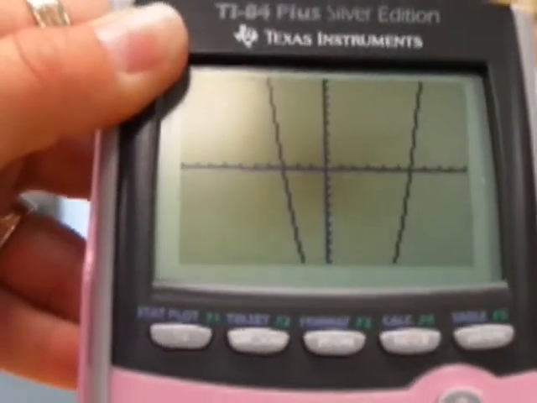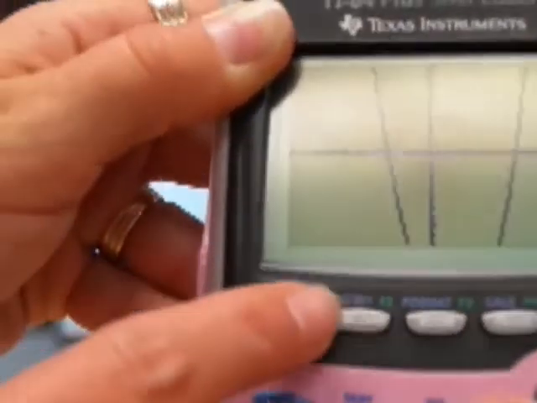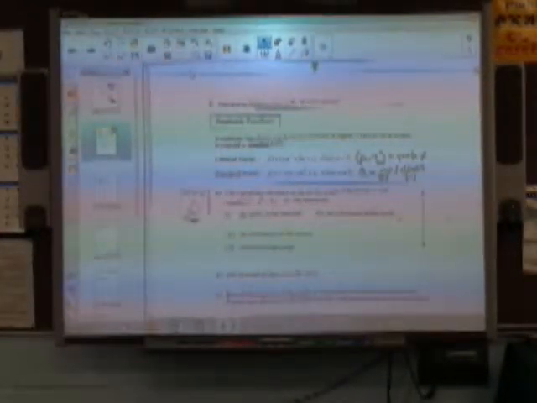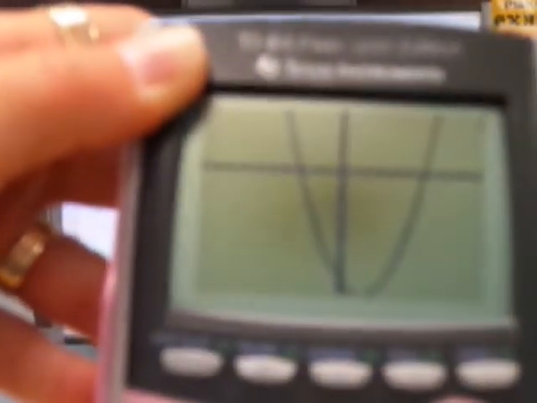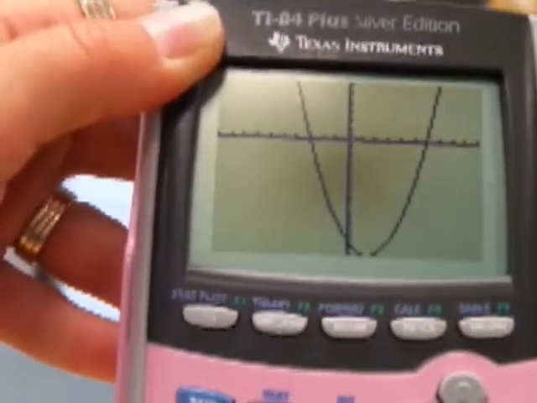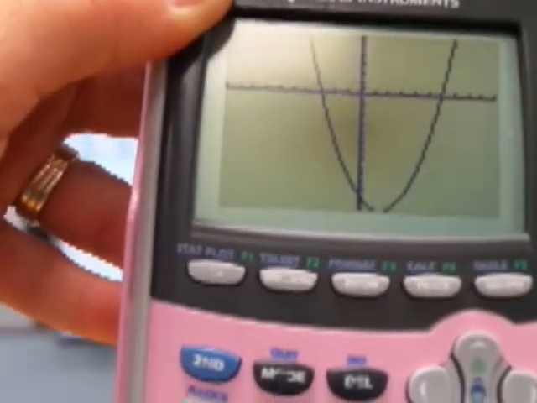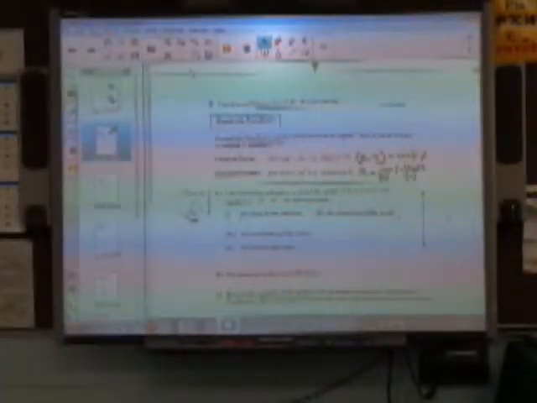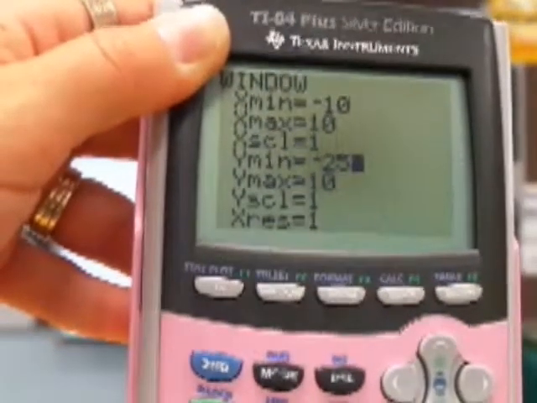So I need to extend my y values. That's pressing the window button and then changing my y min to try negative 20. And then if I graph it again, I can barely see the tip of it, so I could change it again to be negative 25. So if I change that window setting to make my y min, that's what it would look like on your page.